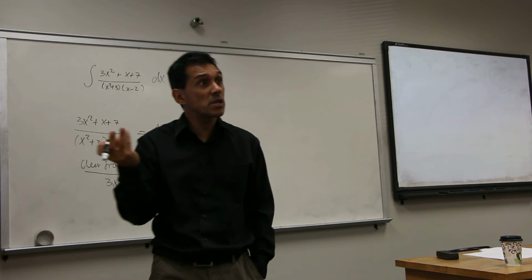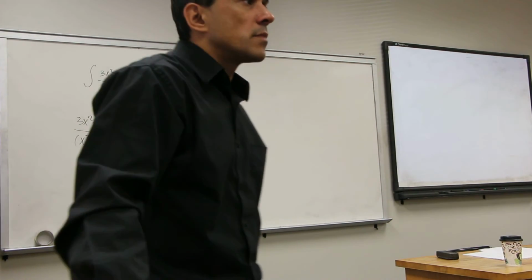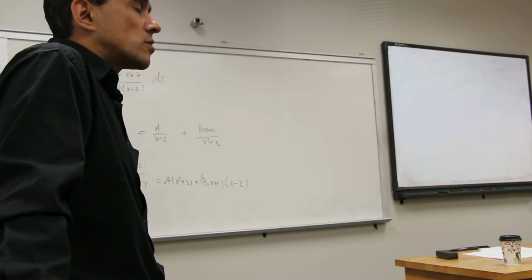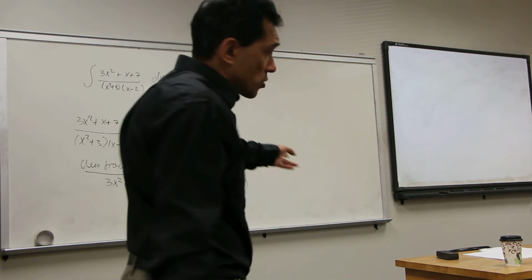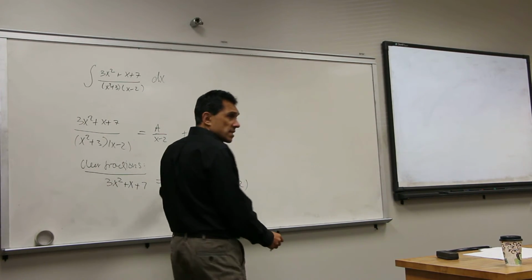Now you're going to have to put 3 values of x in, because you have 3 unknown constants, a, b, and c. The easy one is x equal to 2.